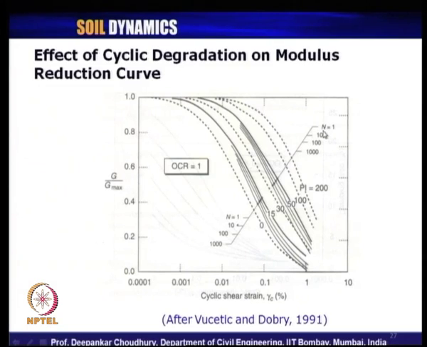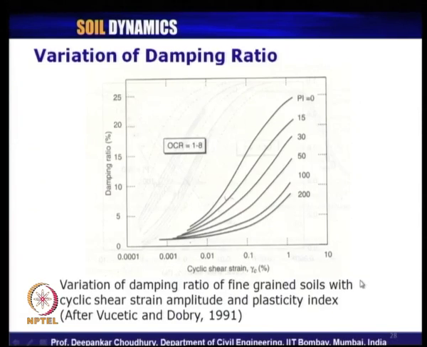So, n denotes the number of loading cycles, and PI denotes, as we have already seen, different plasticity index with a constant OCR of 1. And as I have already said, PI 0 has later on been proved by several researchers of UC Berkeley to be not correct or should not be used.